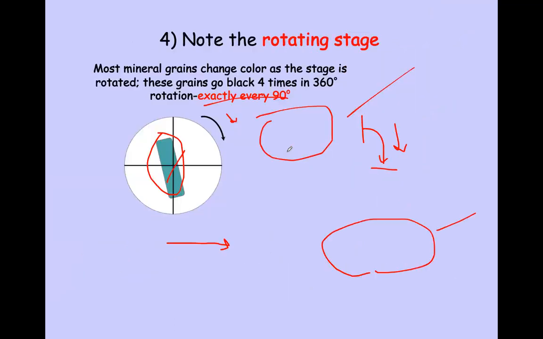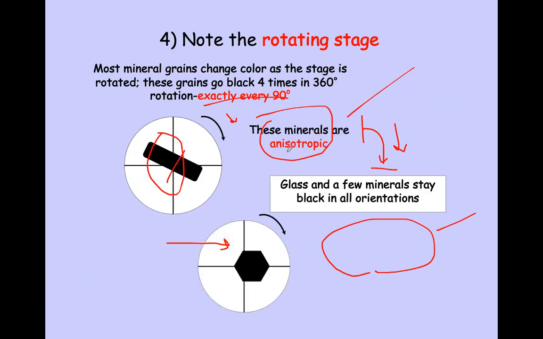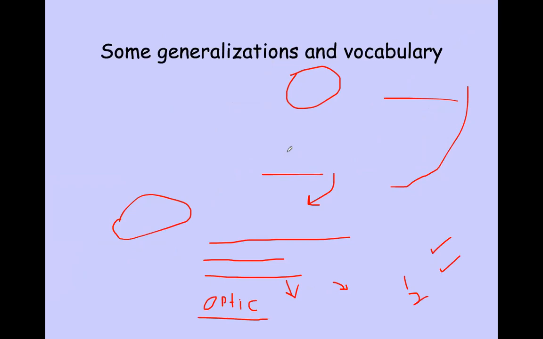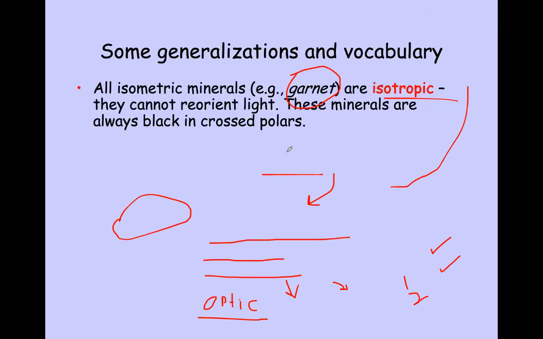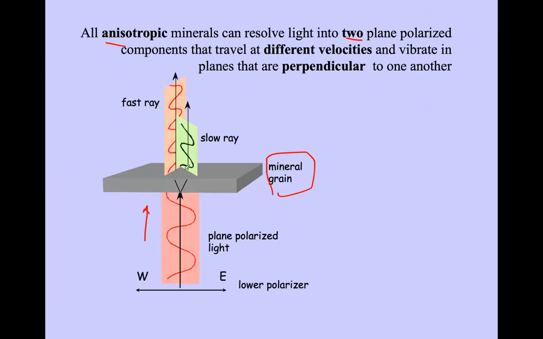When plane polarized light hits an anisotropic mineral grain, it should be able to reorient the light, so it should give you two oriented directions.